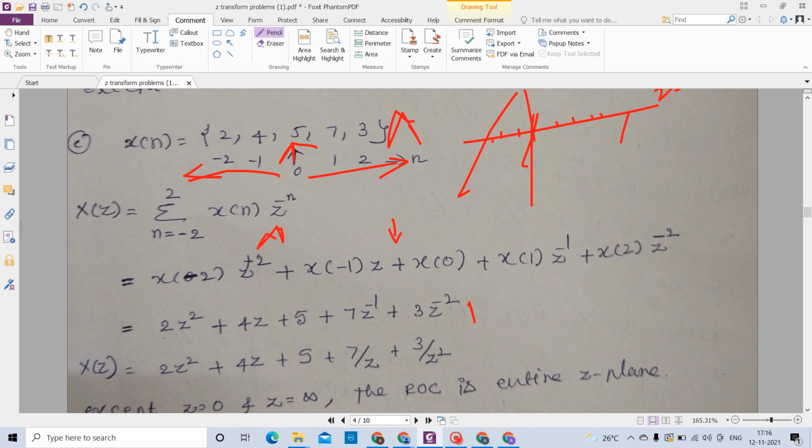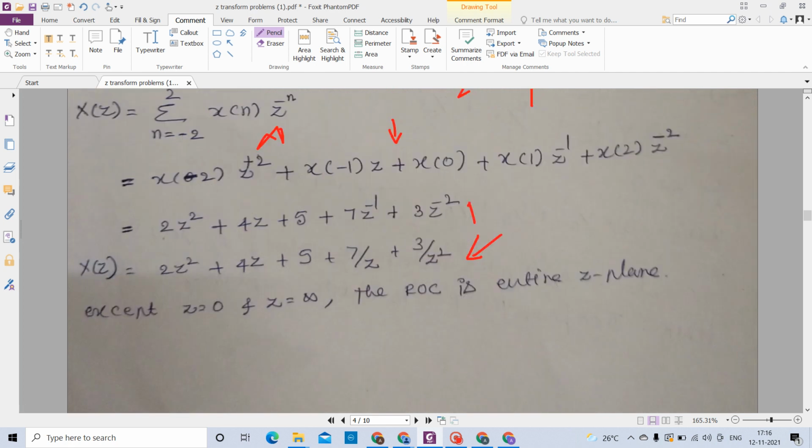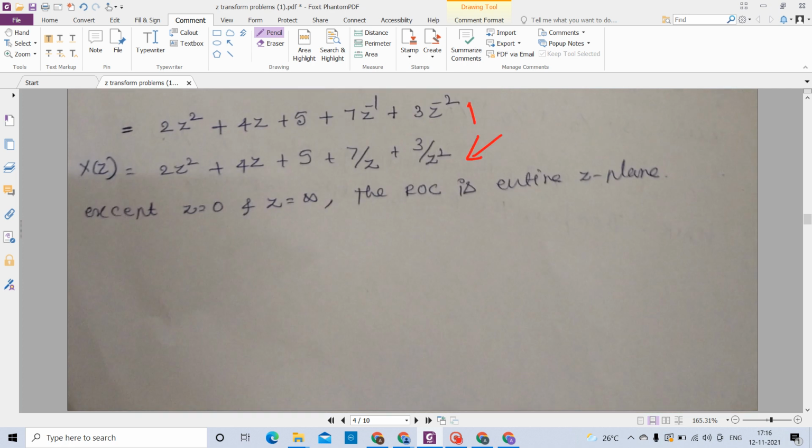If it is an inverse, you have to write it like this, don't modify anything. Then put Z equal to 0, and if Z is equal to infinity, the entire value becomes infinite. So the X of Z value becomes infinite at these two values. Except these two values, the region of convergence is the entire Z plane.